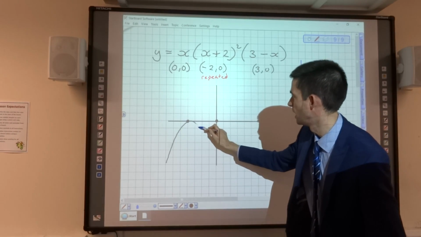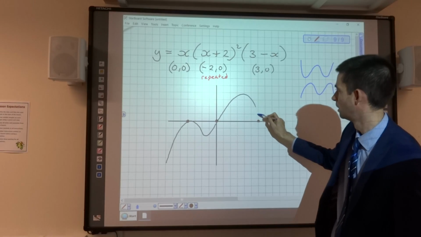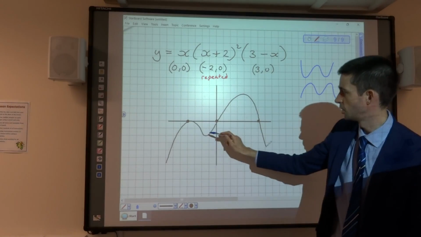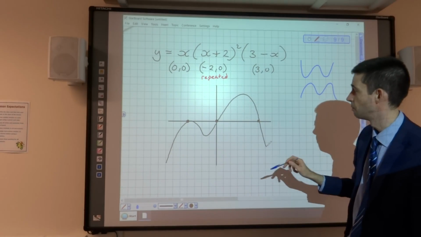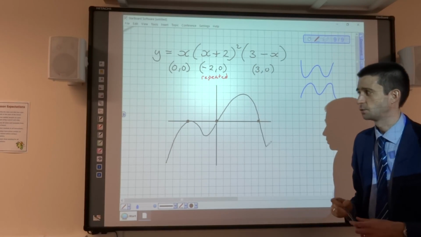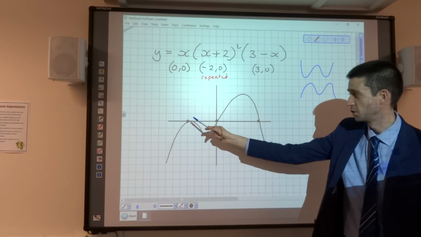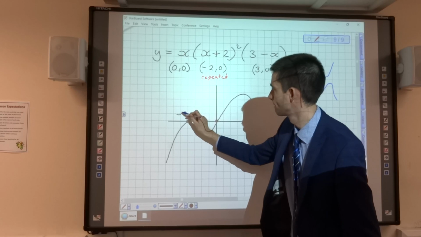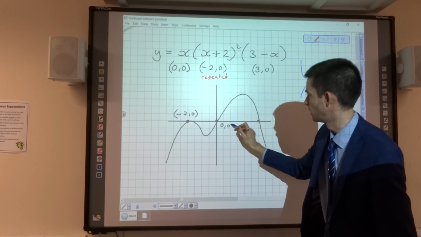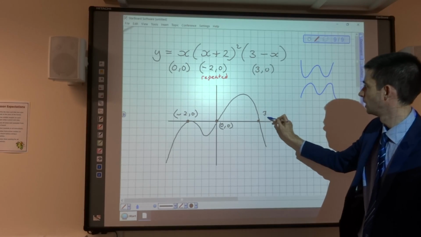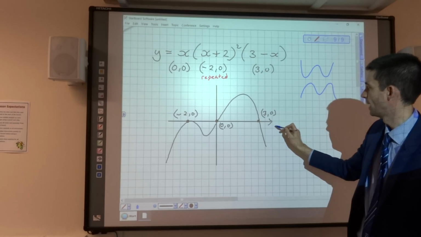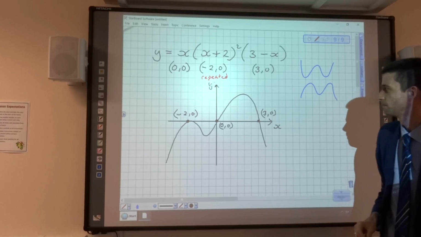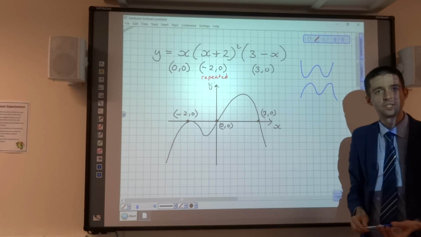So repeated root here, back up, and like so. As you can see, 1, 2, 3 turning points, that's the maximum. 3 points of intersection with the x-axis, that's 4 solutions, 1 repeated. So we have (negative 2, 0) here, (0, 0), that's the origin, and (3, 0) there. X-axis, y-axis, and that's sketching quartics. Job done.